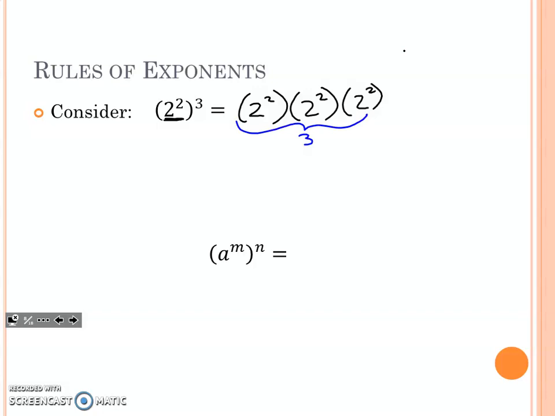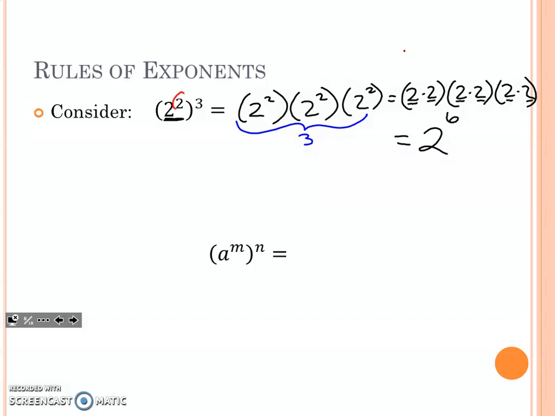Now, I'm not done expanding yet, because I could expand 2 squared. 2 squared is really 2 times 2, 2 times 2, 2 times 2. When I'm trying to simplify this, how many 2's do I have? That would be 2 to the 1, 2, 3, 4, 5, 6 power. 2 to the 6th power.